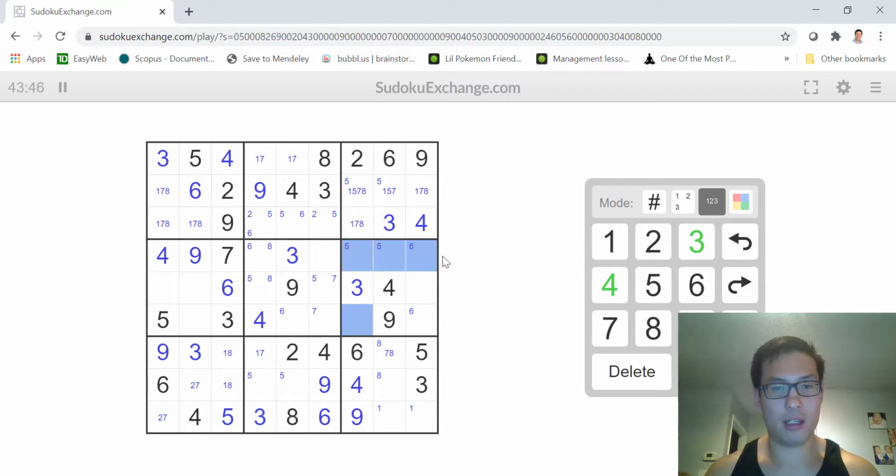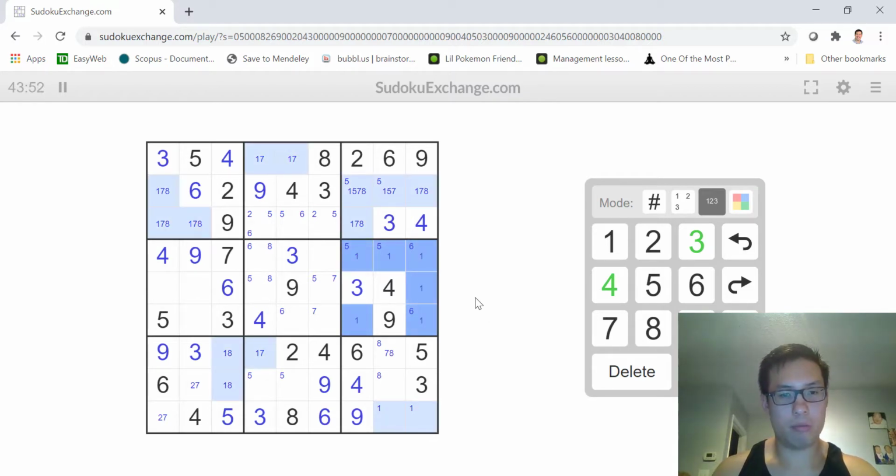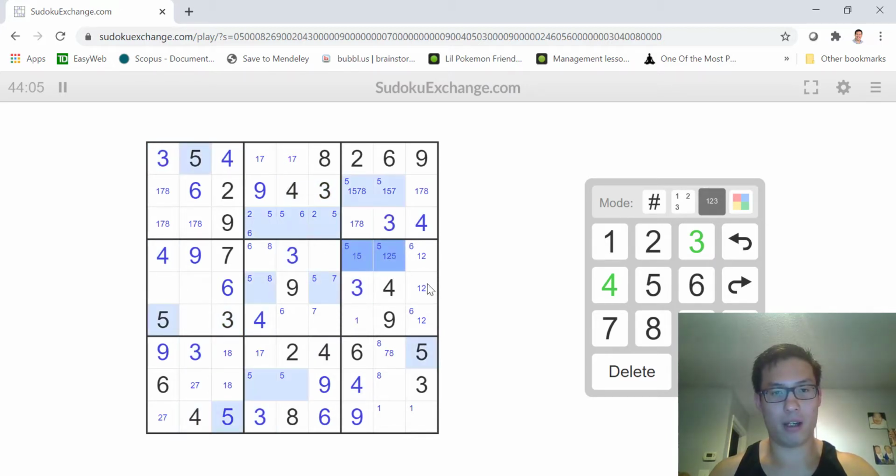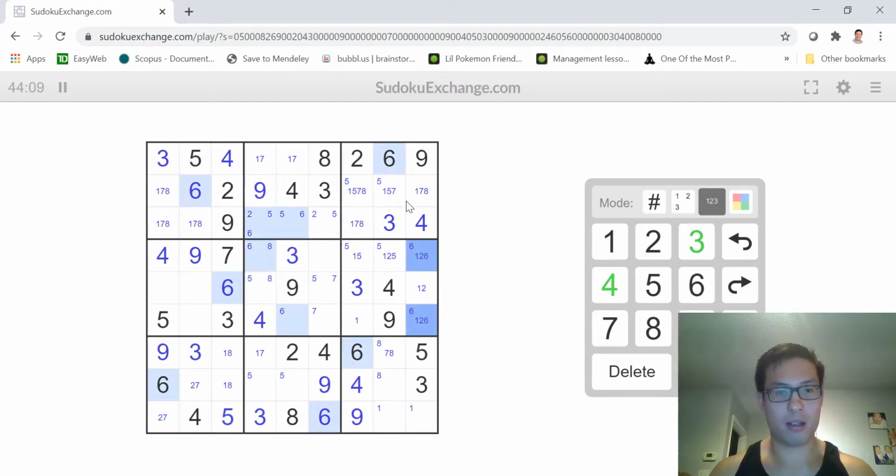I think all of these can be 1s. They can also be, these can be 2s. So that 2 right there. Because of this 3, 4, where's 5? 5 can only go here or here. 6 can only go here or here, based on my previous logic.